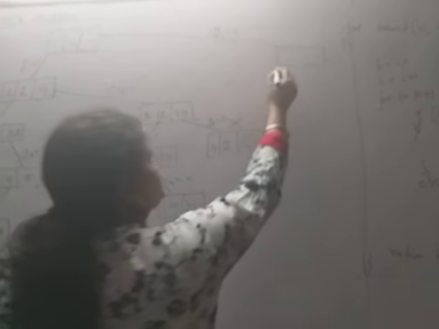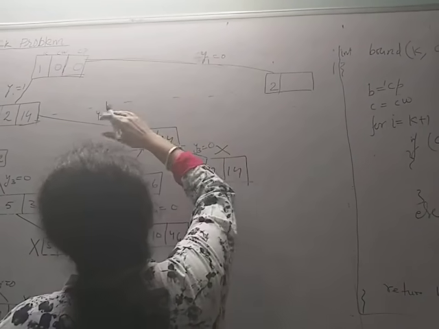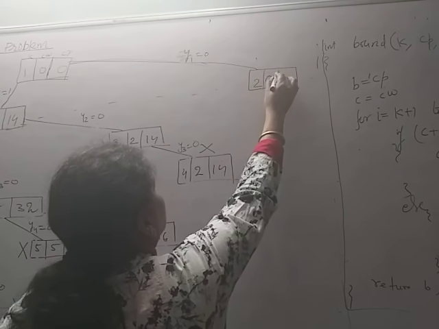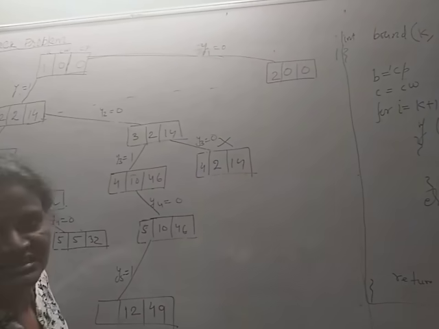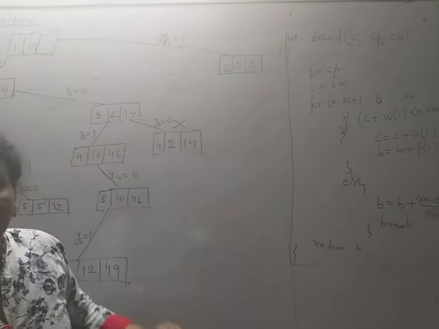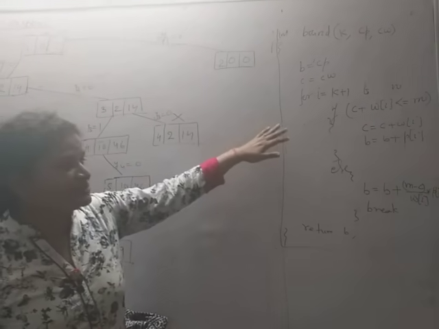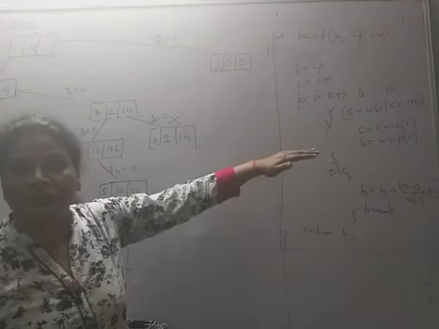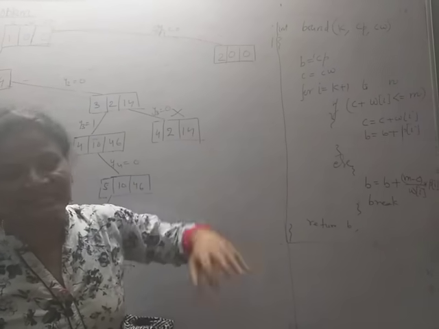Now again y1 equal to 0, so here the current weight is 0 and the current profit is 0. Again we apply the bounding function to check from k plus 1 to n what profit is generated.